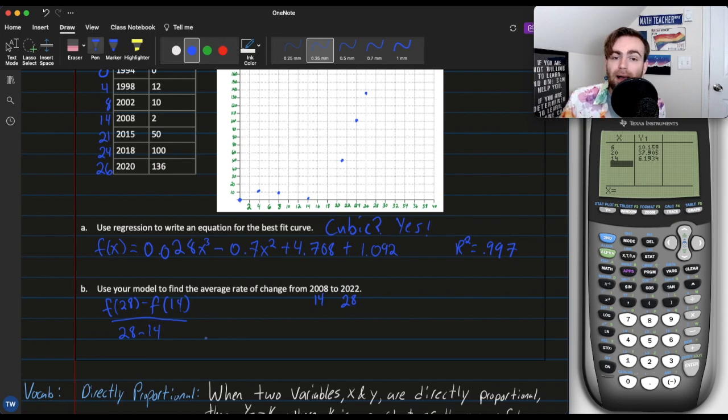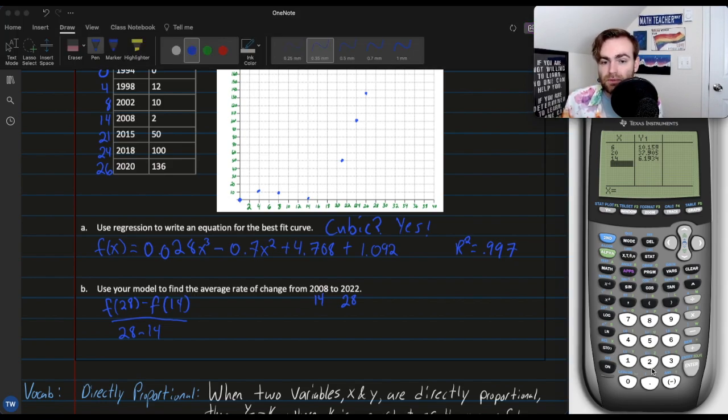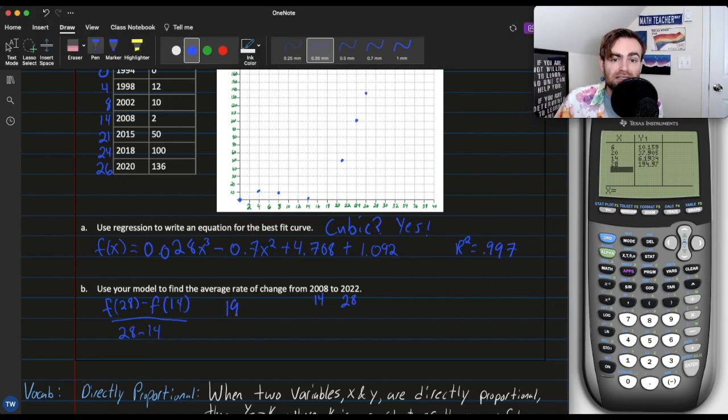So how can we do this? Well, we have a couple of different ways we can do it. We can type in 14 and type in 28, and we can write those numbers down and do it this way. So we have 194 point, let's make sure we get that number right. So we're going to go on top of it. 194.968.